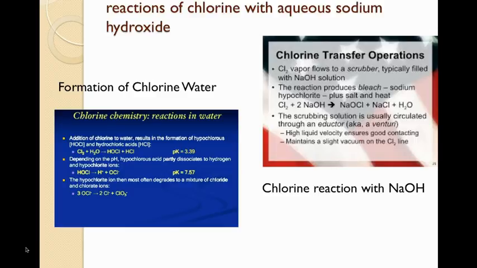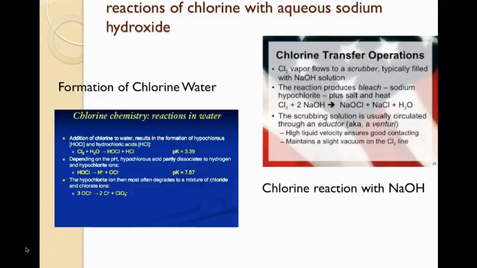There is a whole study in chemistry of chlorine chemistry, and we can look at the formation of chlorine and its reaction with sodium hydroxide as part of that additional study. You can see what happens when chlorine is added to water. You get hydrochloric acid, as you would assume, but you also get hypochlorous acid.